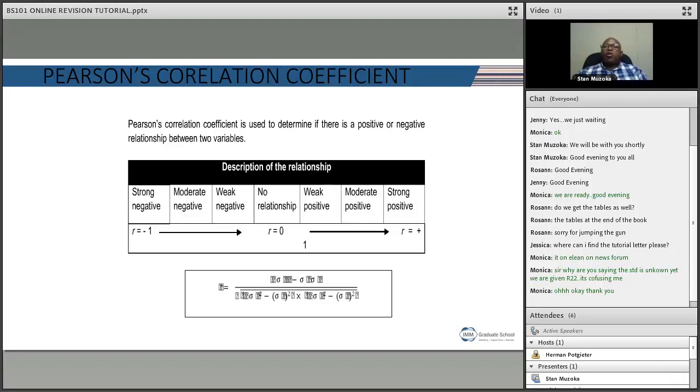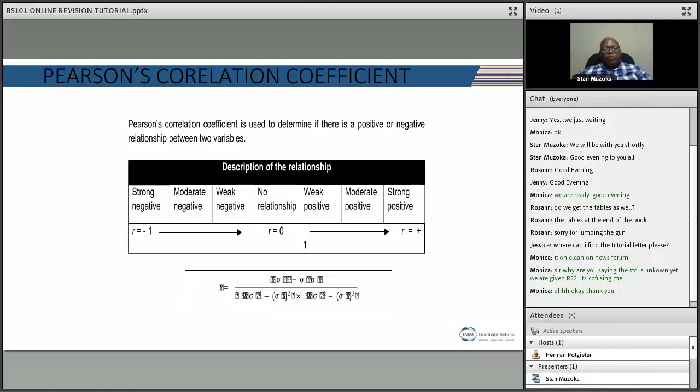If it is positive 0.95, it is a strong positive relationship, meaning that definitely if you do advertise, you are going to generate more sales. That is the meaning of the Pearson's correlation coefficient.